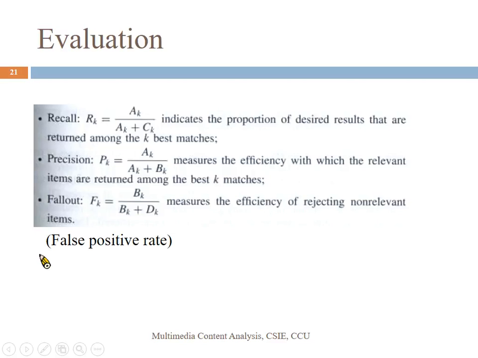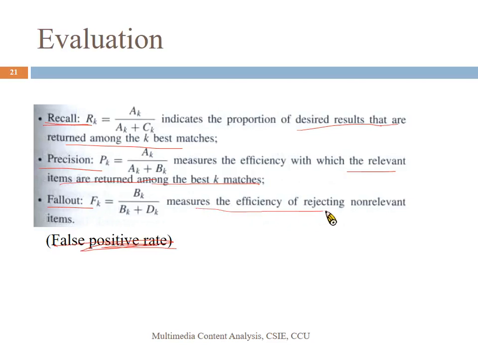And then based on these values, we can calculate recall, precision, and fall-off. Recall is the proportion of desired results that are correctly returned. Precision is the efficiency with which the relevant items are returned among the best k. Fall-off is actually the false positive rate. It measures the efficiency of rejecting non-relevant items, and all these terms have been introduced before.